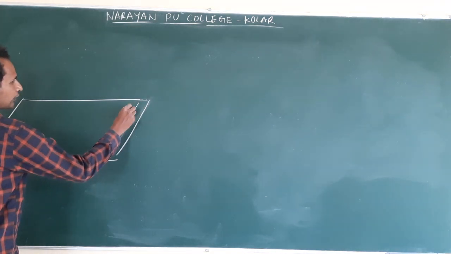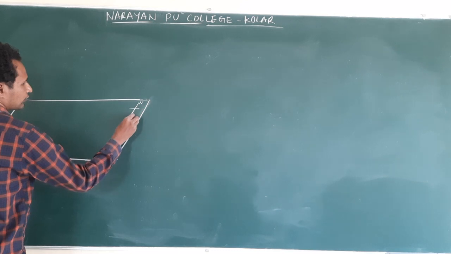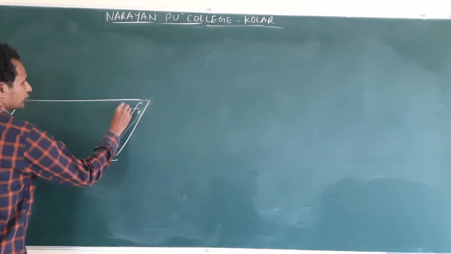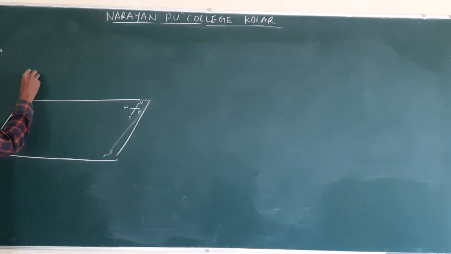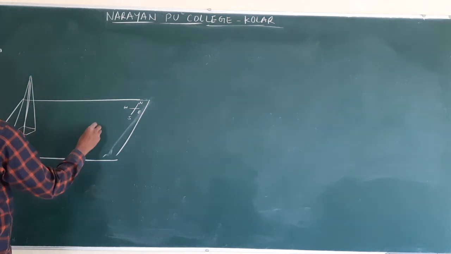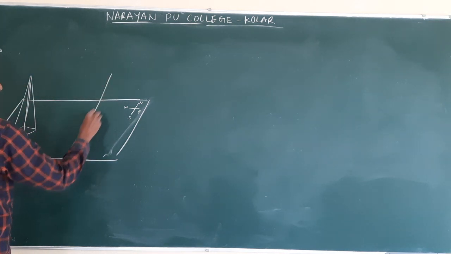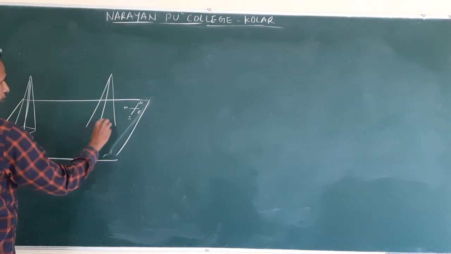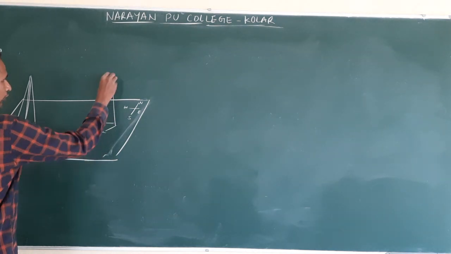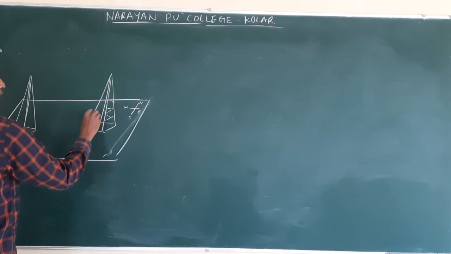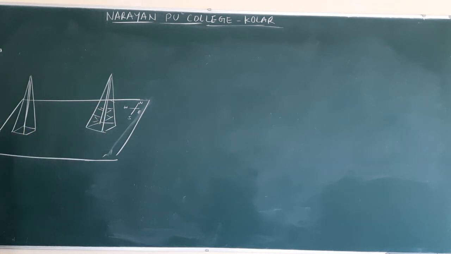So again draw the direction north, south, east, west. In this plane we have towers like this. Clear? Like this.